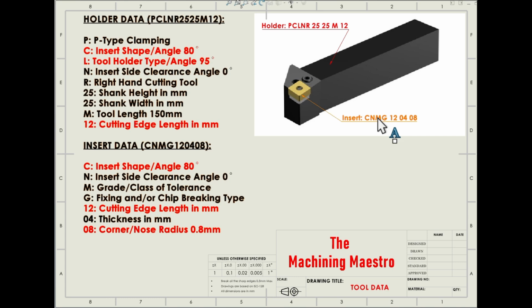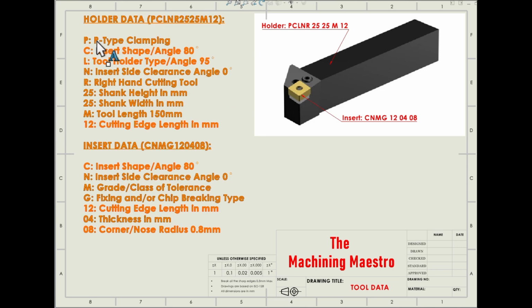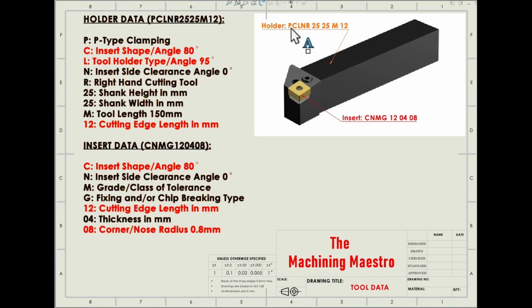This designation has some meaning. The meaning I have briefed on the left side, and here is the meaning of this designation. P is the clamping type, which is P type clamping, and there are various kinds of clamping; P is one of them.